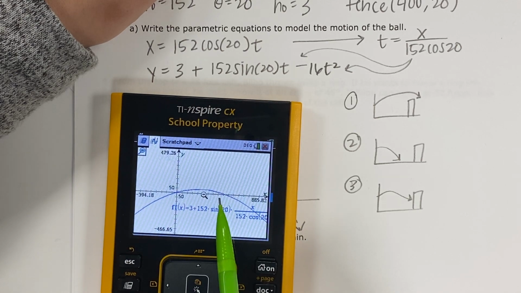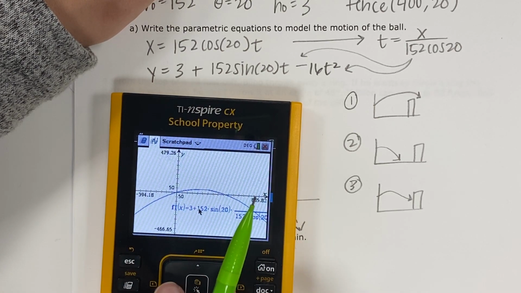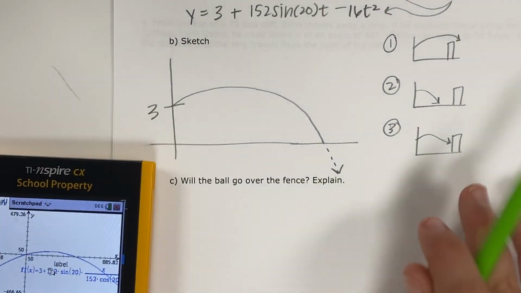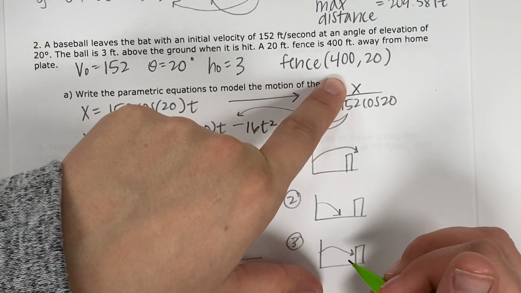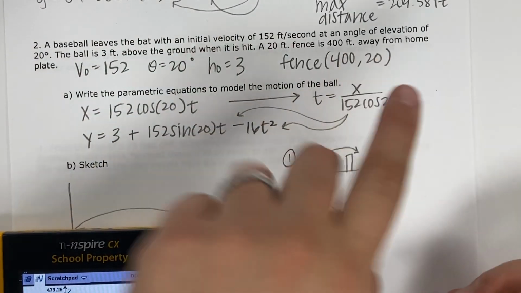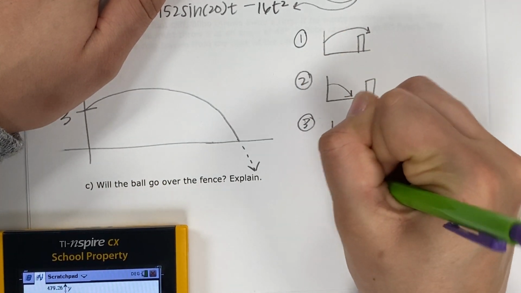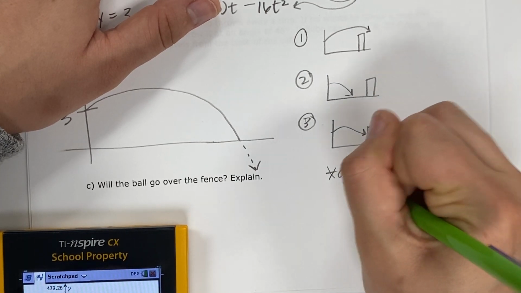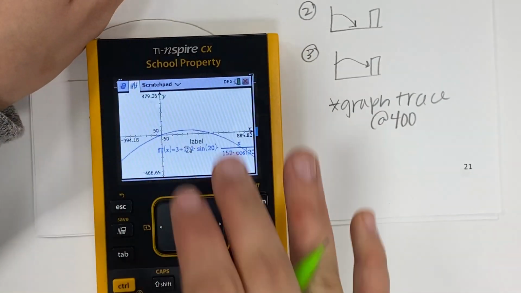Okay, so at this point I can see the highest point and where it hits the ground. So I don't care about max height or max distance. All I care about is, will this ball go over the fence? Well, my fence, remember, is at 400 feet away and it's 20 feet high. So I am going to graph trace at a distance of 400 to see what my graph is doing at 400.